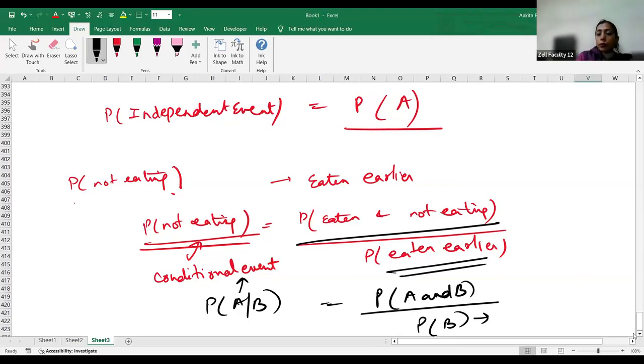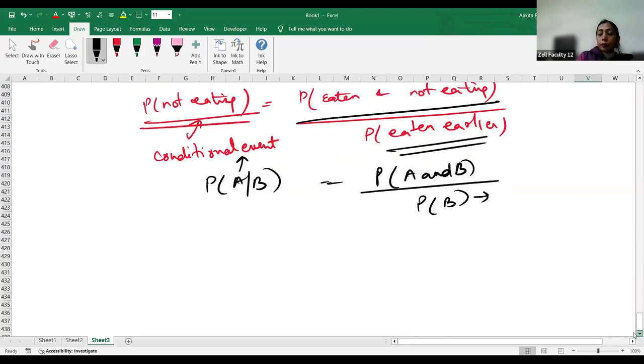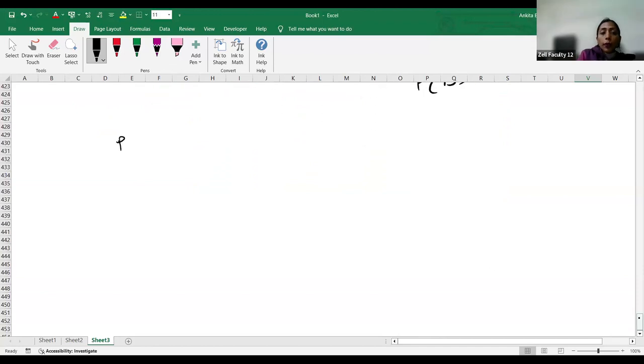If I tell you like this, the probability of the GDP growth rate, this is X, the probability of GDP growth rate. This is GDP growth rate and this is the probability of the GDP growth rate.